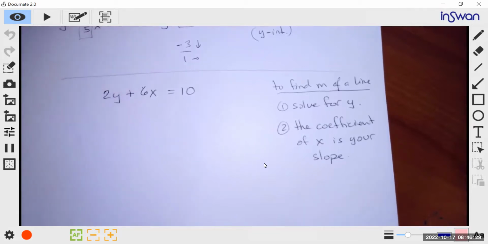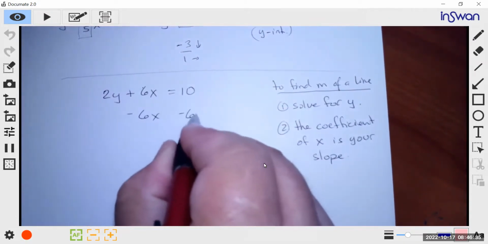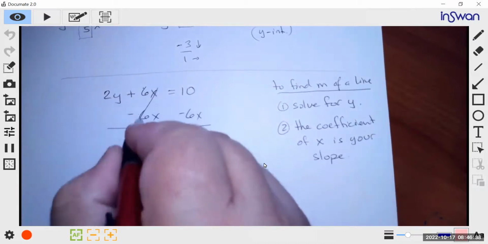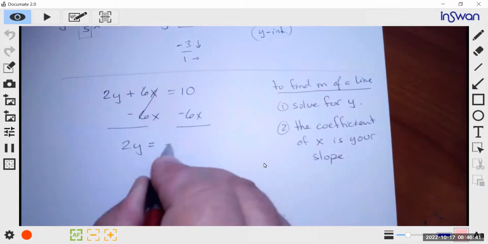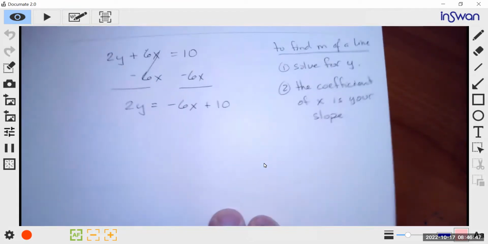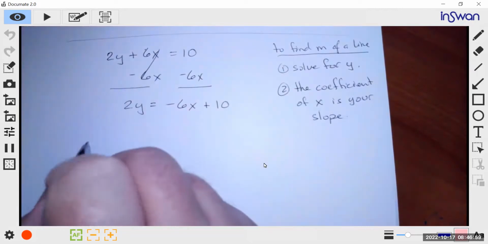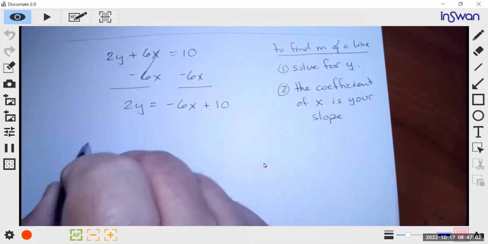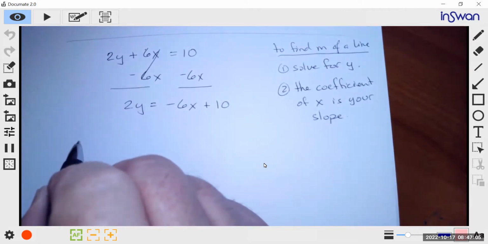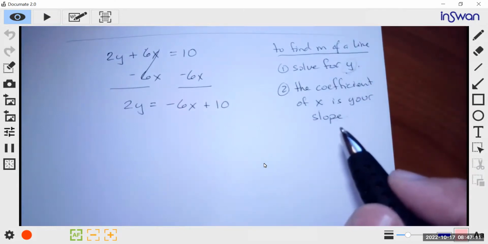So what's the first thing you have to do in that equation? I'm solving for y first. I got to move 6x over. So 2y equals negative 6x plus 10. Then what do I do to get y by itself?